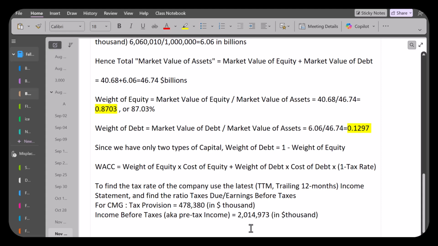And its tax rate is 478,380 divided by, since units are same, I'm not converting them to billions or anything.